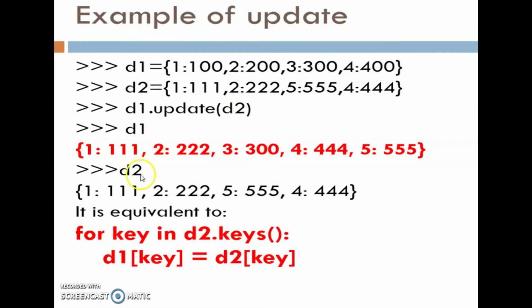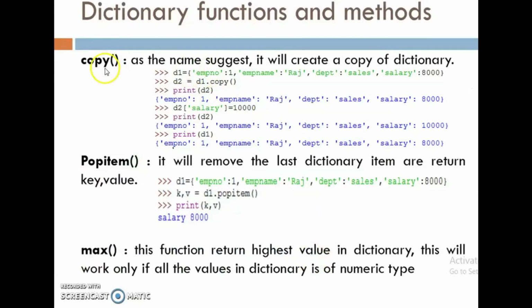Then when we are executing this d2, we can see the original data: 1:111, 2:222, 5:555, 4:444. It is equivalent to 4 in d2.keys(). d1 key is equal to d2 key. Okay, clear?